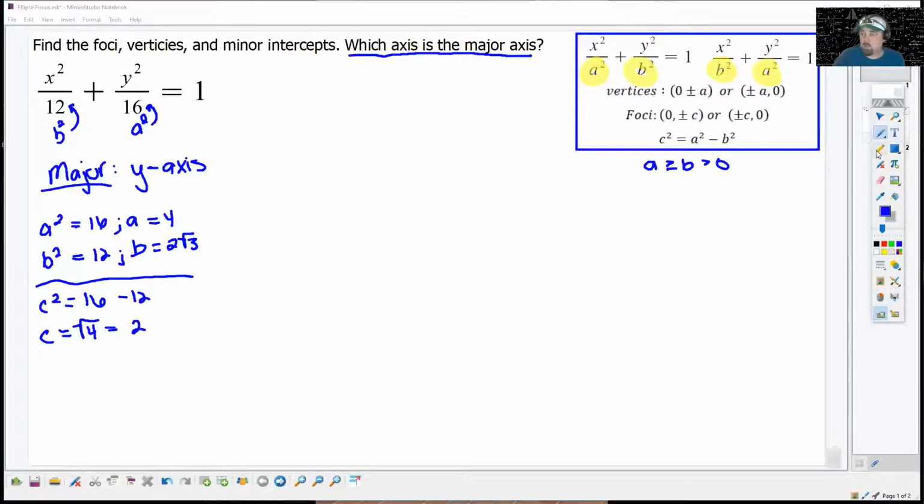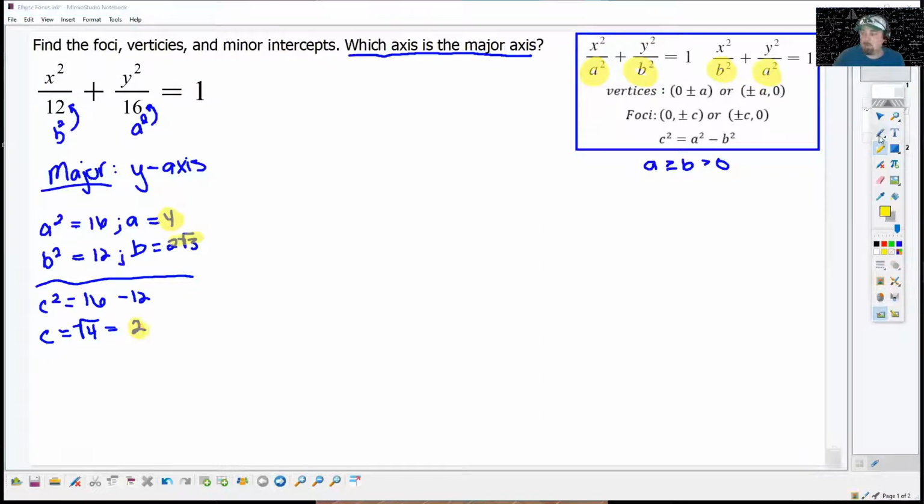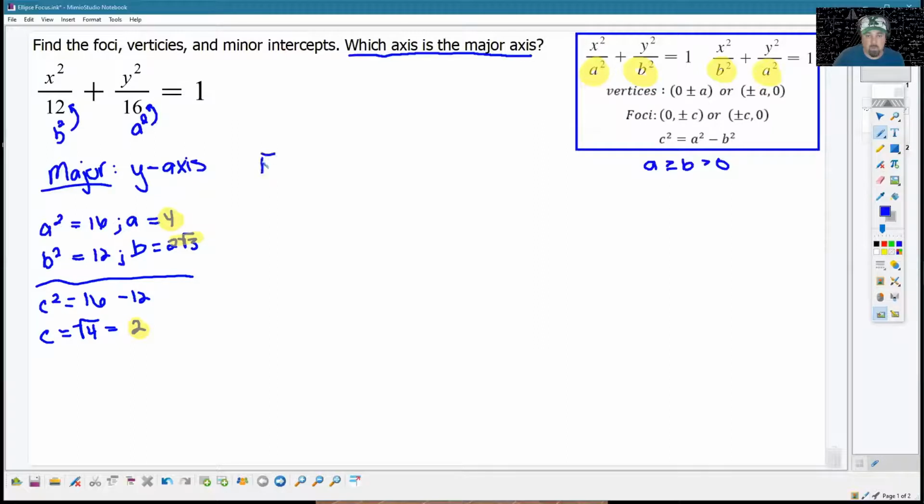So these numbers right here will help me find all these points that I want to find. Let's do our foci points first. Remember, we're representing 2 points with 1 coordinate, so we're going to use the plus or minus as we go through. Foci points are based off of the c. Since our major axis is the y, that means that number is a y value. So this is 0 plus or minus 2, meaning it's (0, 2) or (0, -2).